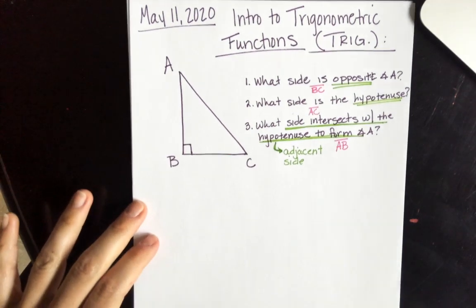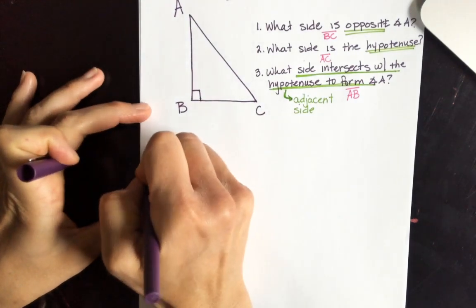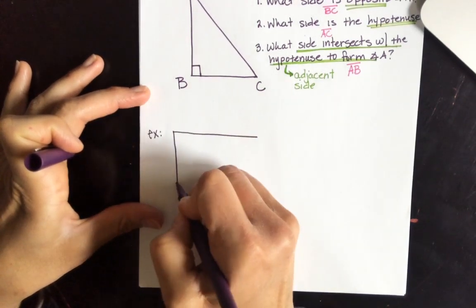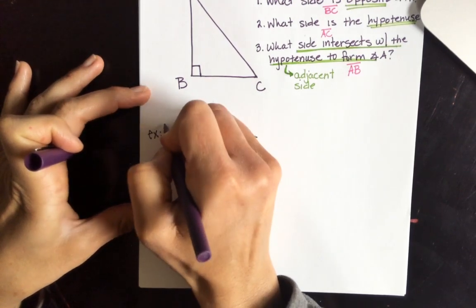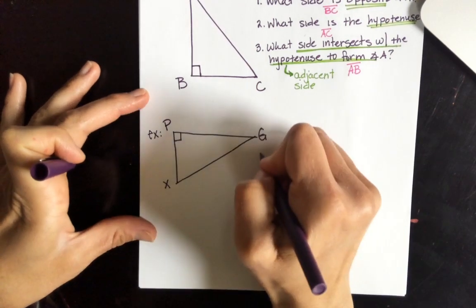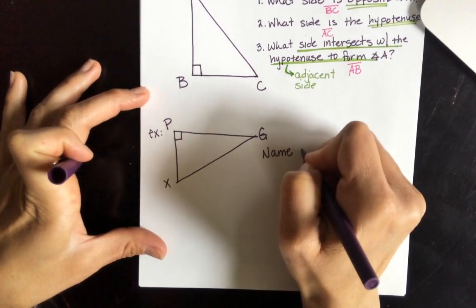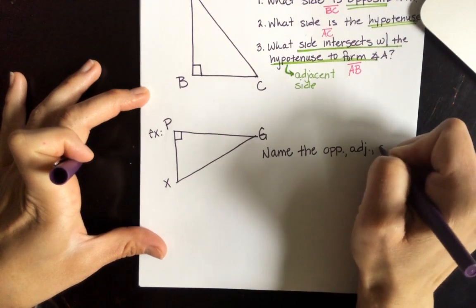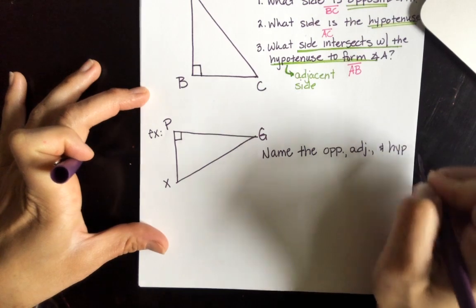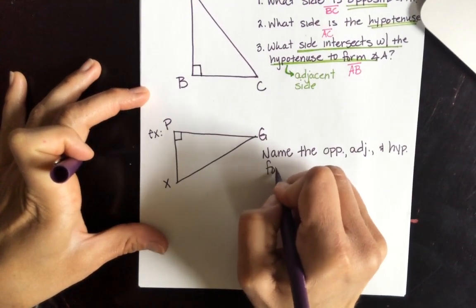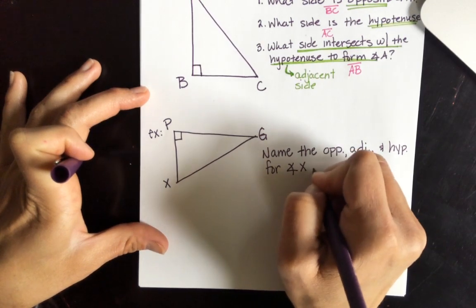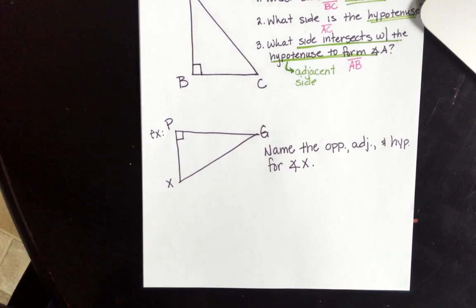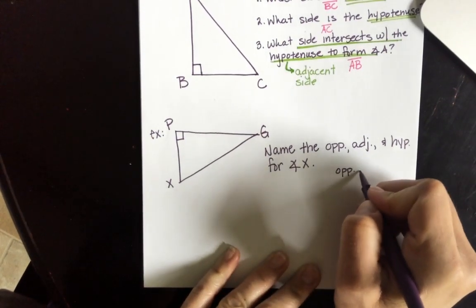So not to belabor the issue, but if I did it again and said, let's name the opposite, adjacent, and hypotenuse for angle X. The first question would be, what side is the opposite side?